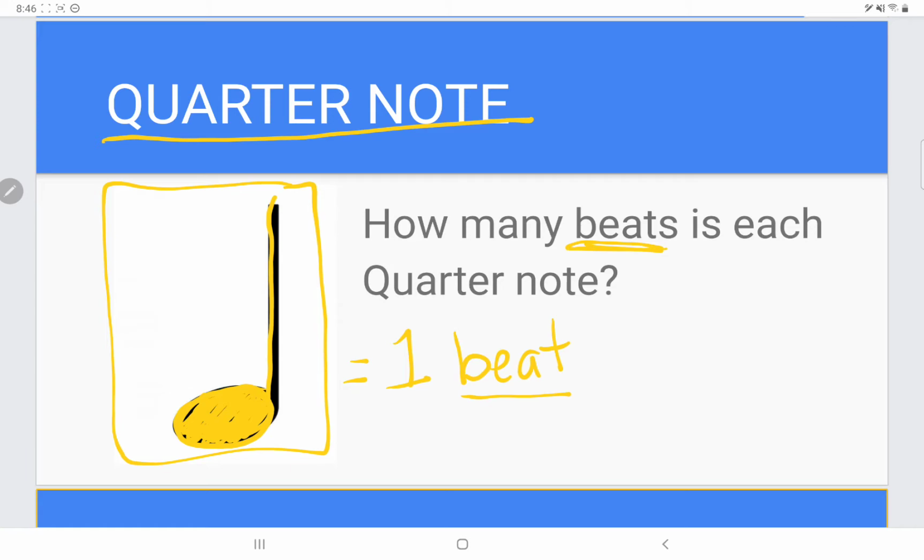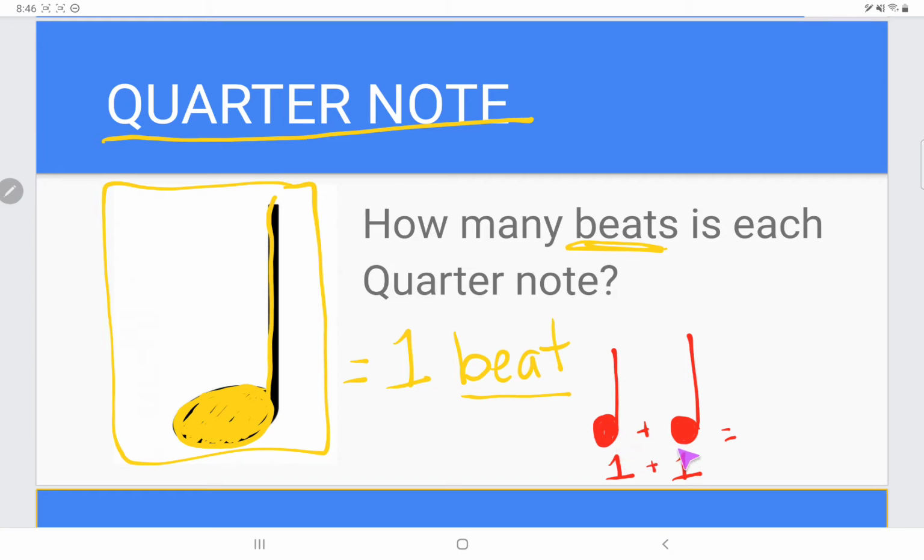So scholars, if 1 quarter note is equal to 1 beat, then if I had 2 quarter notes, I'll draw them in red. You don't have to do what I do in red. Remember just what I do in yellow. If I have 2 quarter notes like I do down here, and I wanted to add them together, it would be like adding 1 plus 1, because they're both equal to 1 beat, right?